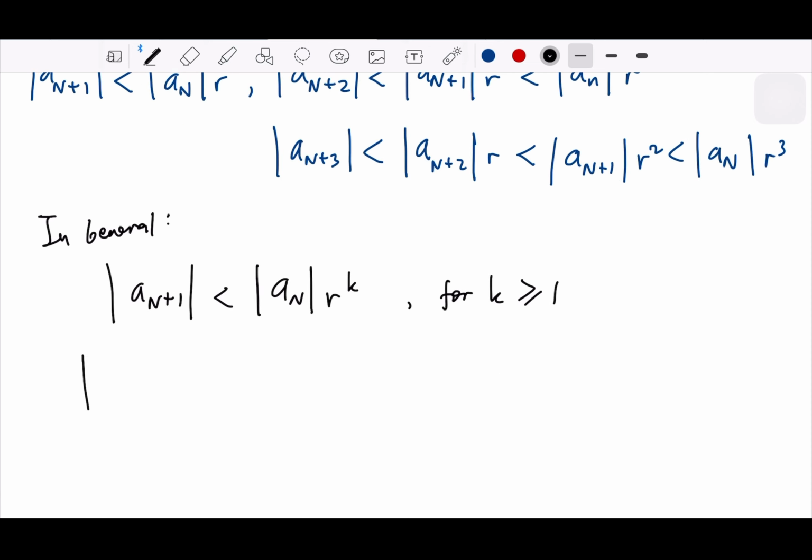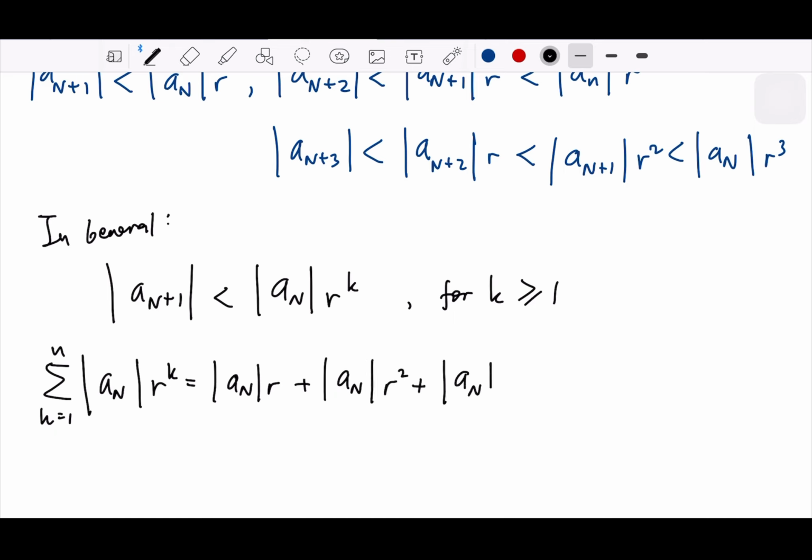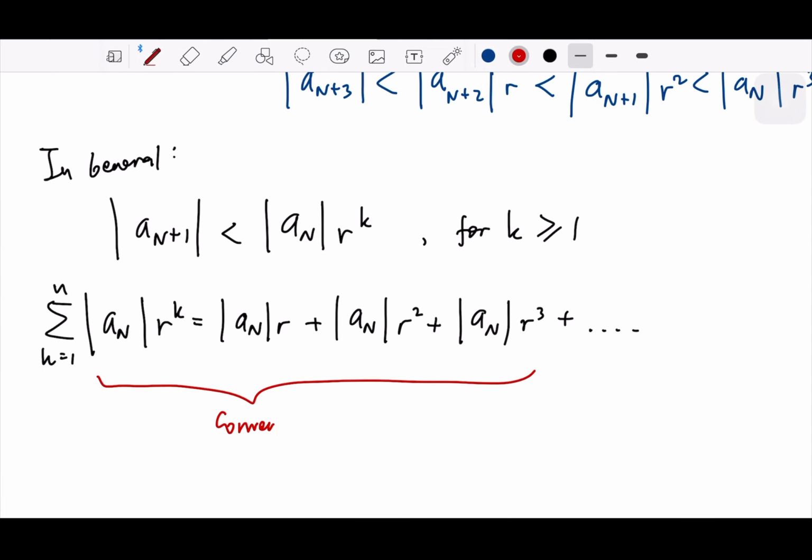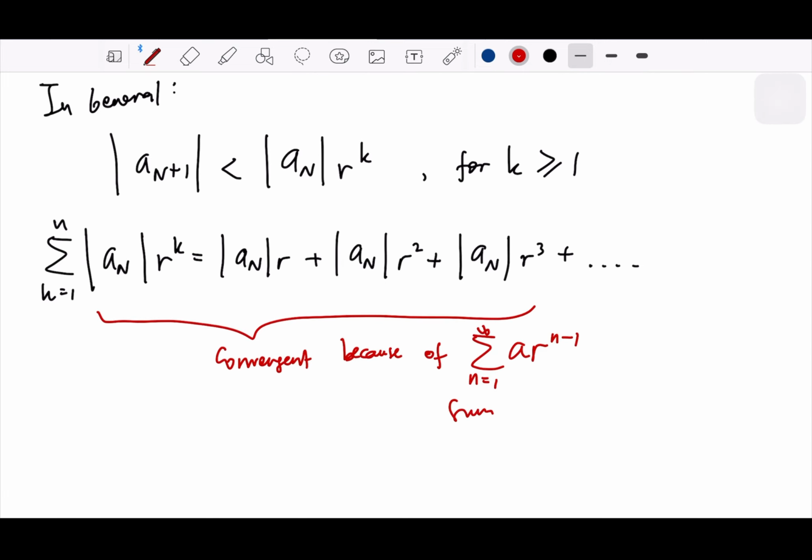Now the series itself, if you take the sum, the series will become convergent because of the geometric series, the sum of a geometric series where R is between 0 and 1.